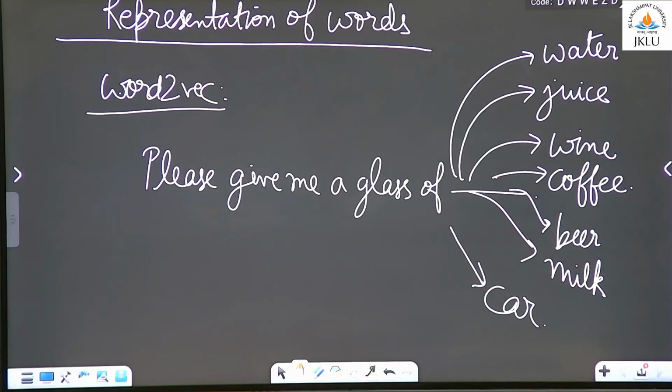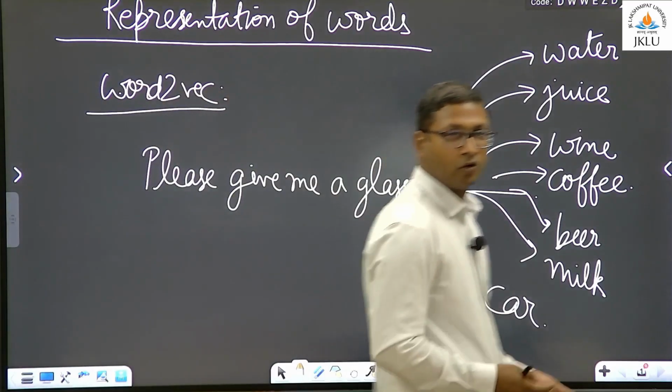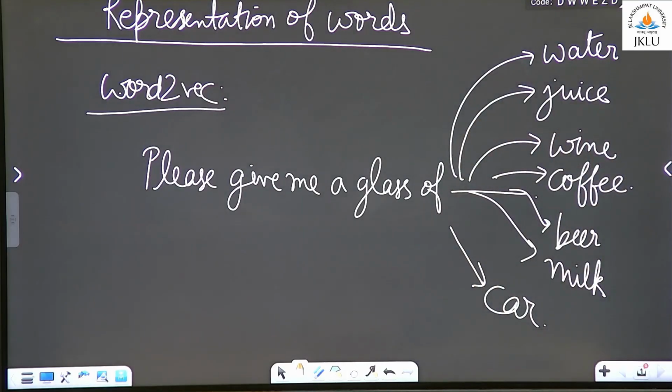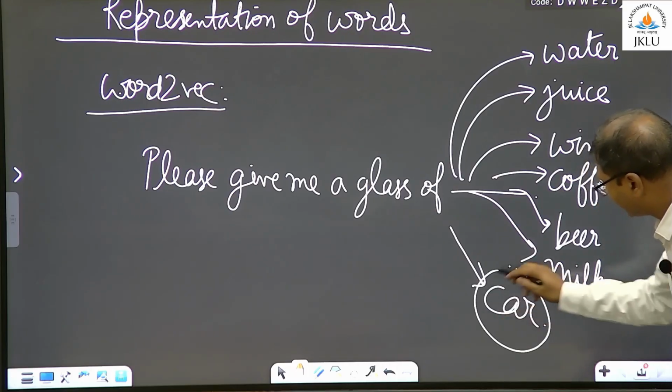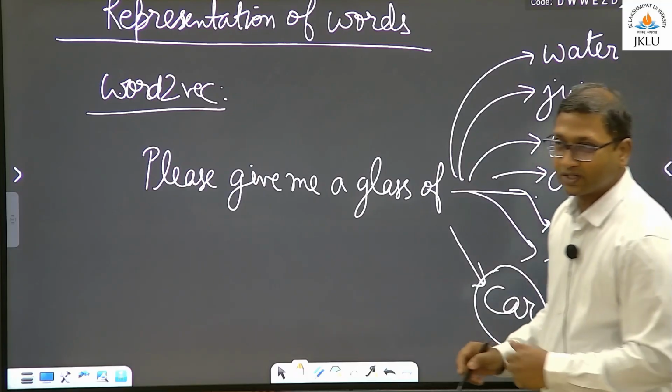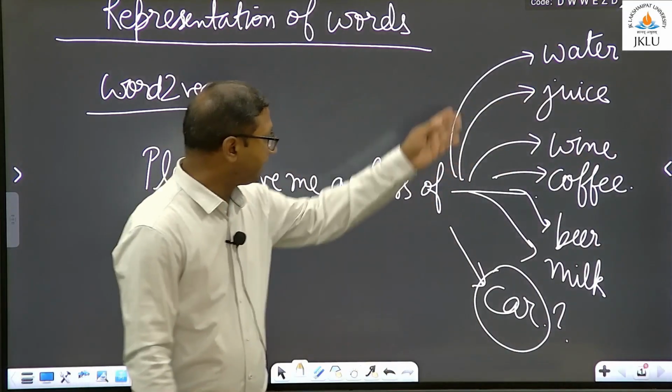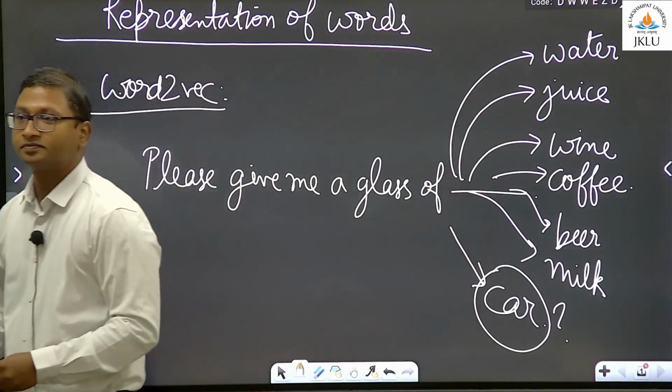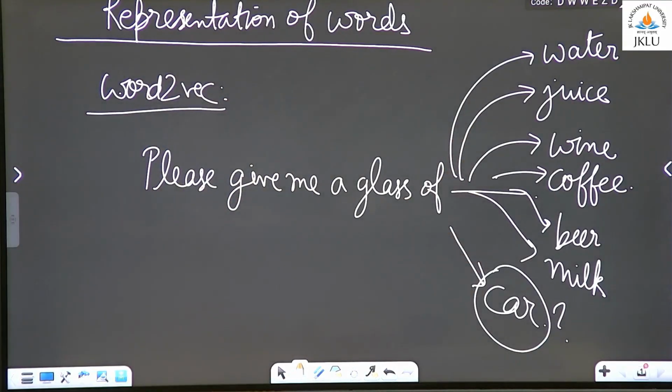Please give me a glass of bus, truck, road, fan, tube light, is any of these according to you a correct completion here? I repeat my question: how many words will be a good candidate to come here? One fourth?